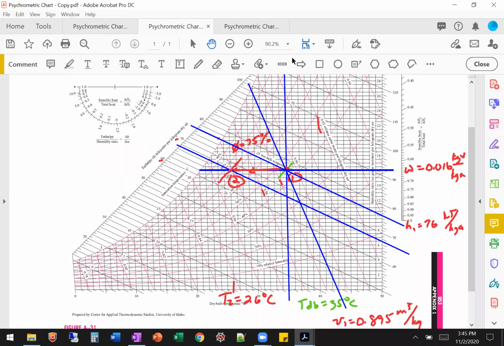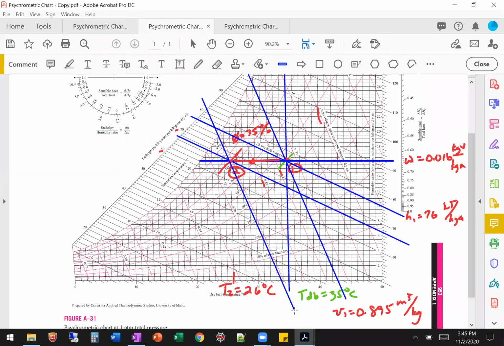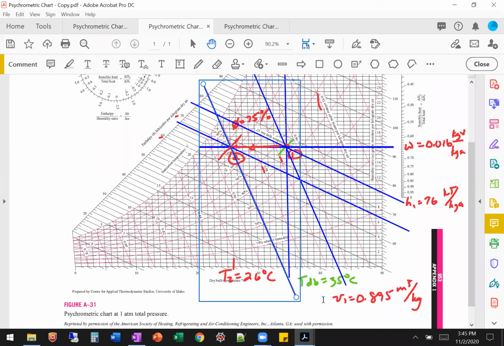Okay, and then we had to do that for the outlet state, right? In our outlet state, I wrote down 0.869, but it could have been 0.87, right?